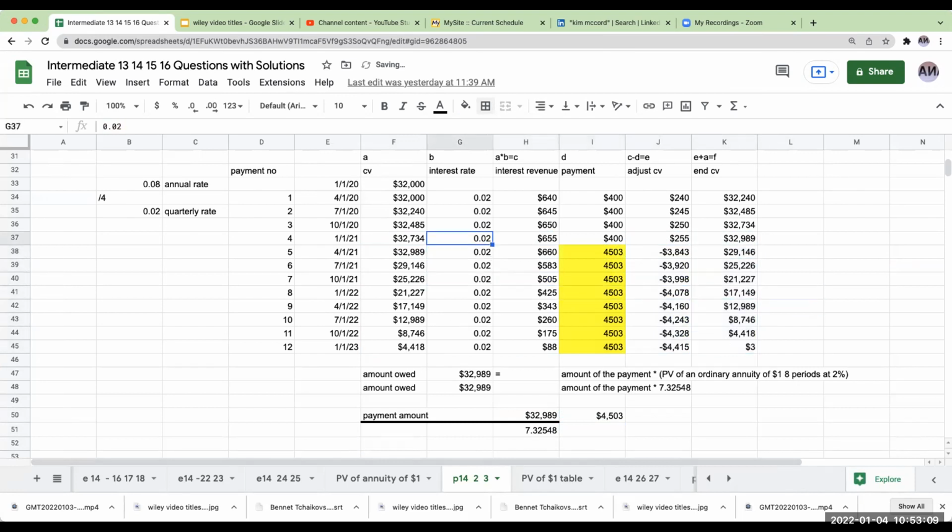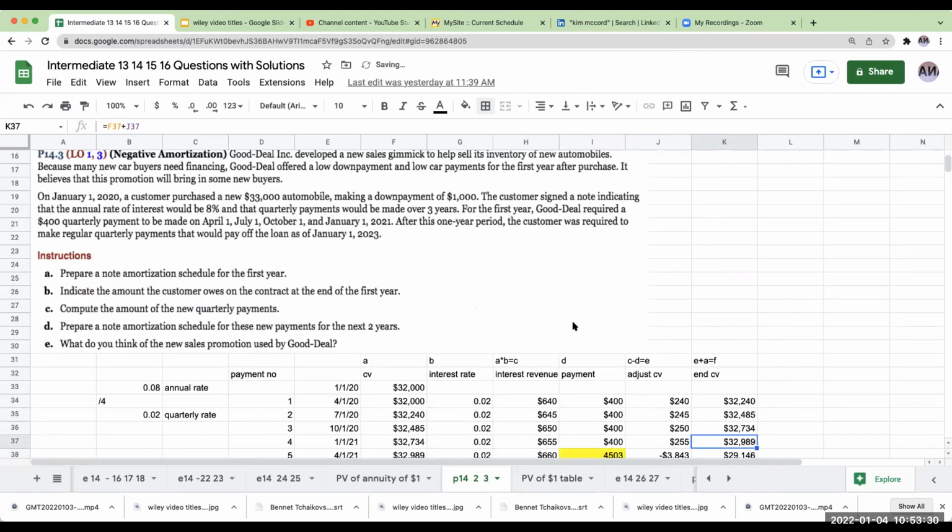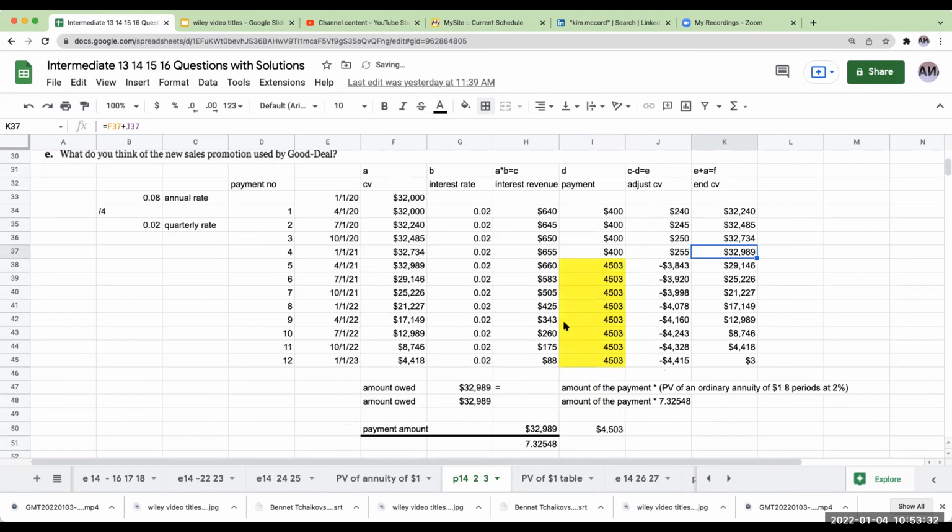So the payment is going from $400 to 4503. And then instead of negative amortization, meaning increasing my carrying value, it now starts to decrease it. So as I look through this particular question, this is interesting because it does involve a little bit of managerial accounting. This is something we cover in one of the later chapters.